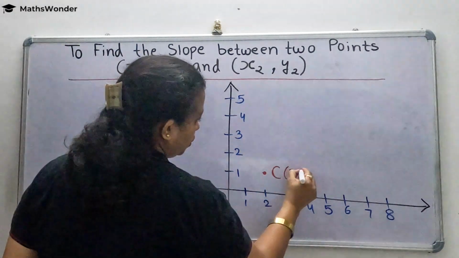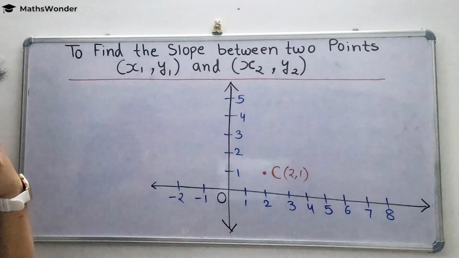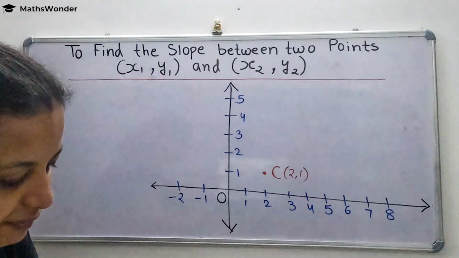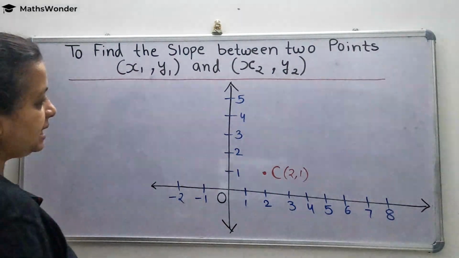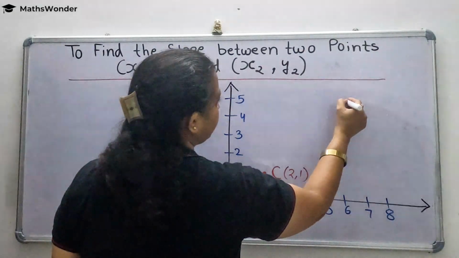So C is (2, 1), and then next we take the point (6, 5).